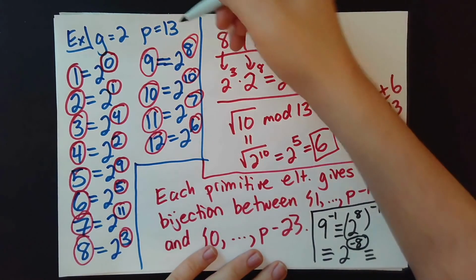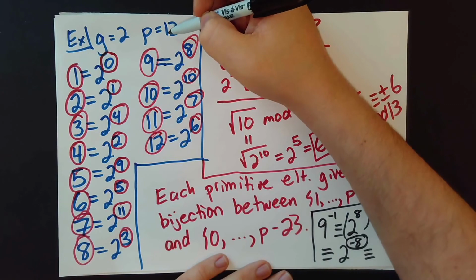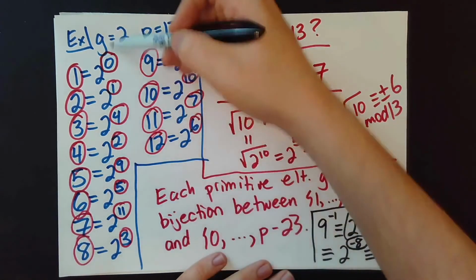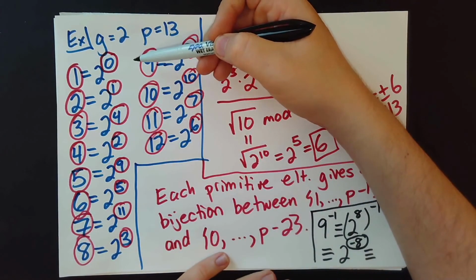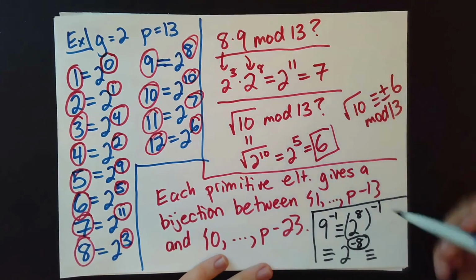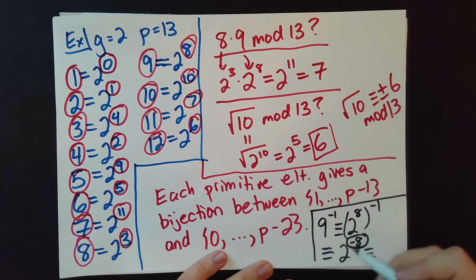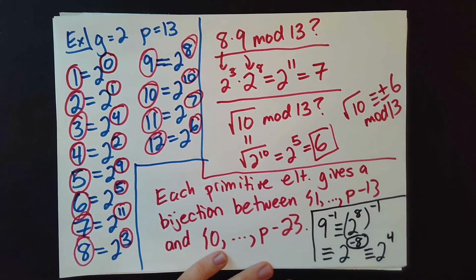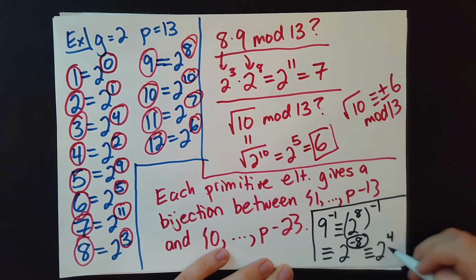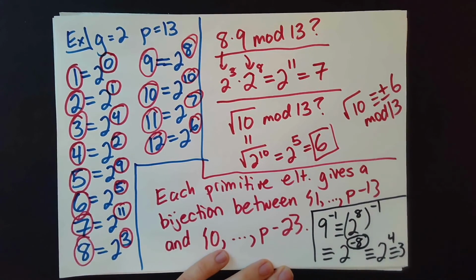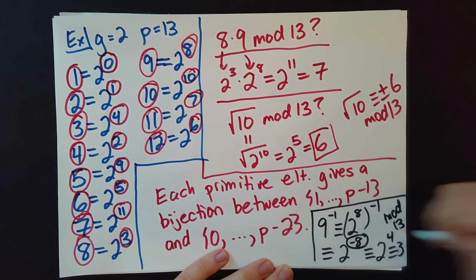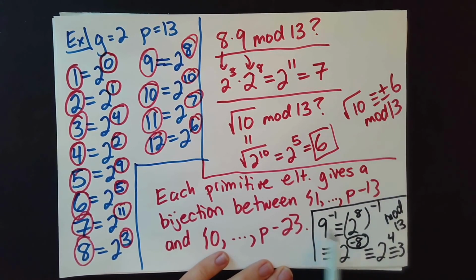Again, that's what Fermat's little theorem says, is that actually the exponential function omits 0, and so it in fact repeats every 12 instead of repeating every 13. So I can really think of this exponent here as living a mod 12 life, so this should be 2 to the 4th, and what's 2 to the 4th? Well, it is 3. And if you check, indeed, 9 inverse is 3, because 3 times 9 is 27, which is 1 mod 13.